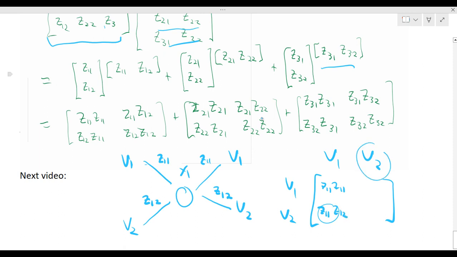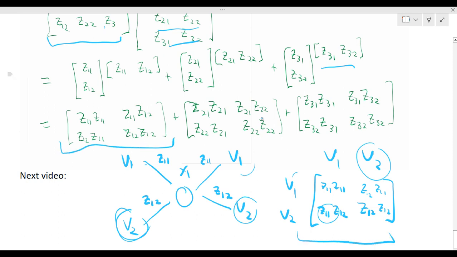Here, this is the input, this is the output, go from V2 to V1. And it turns out that that's the same thing, Z12, Z11. And then if V2 is the input, V2 is the output, that will take me here, Z12, Z12. Okay? And I get the same matrix I got up here. All right. And similarly, I could diagram the other outer products.